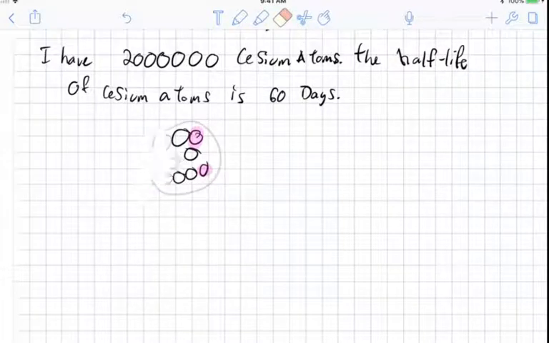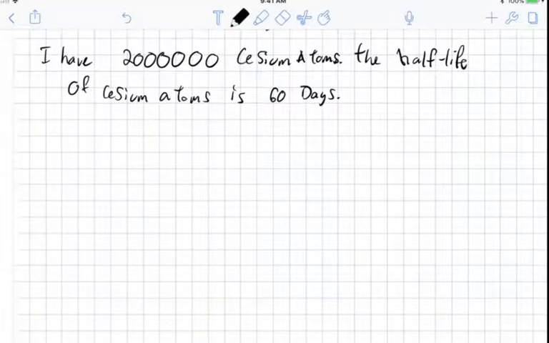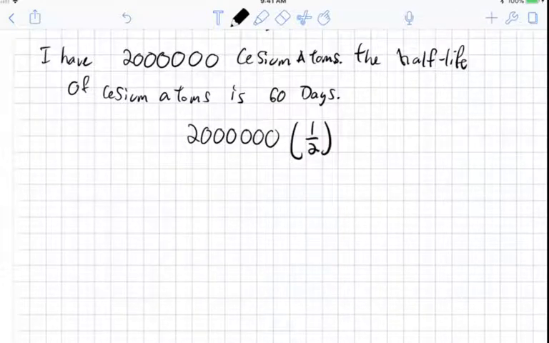The model that this follows, you're going to see this in calculus, is 2 million times 1/2 to the t over 60. So every time t increases by 1, you multiply everything by 1/2. It goes down by 2 each time. We saw an explanation of halving things when we were doing another exponential. So that's equal to y.